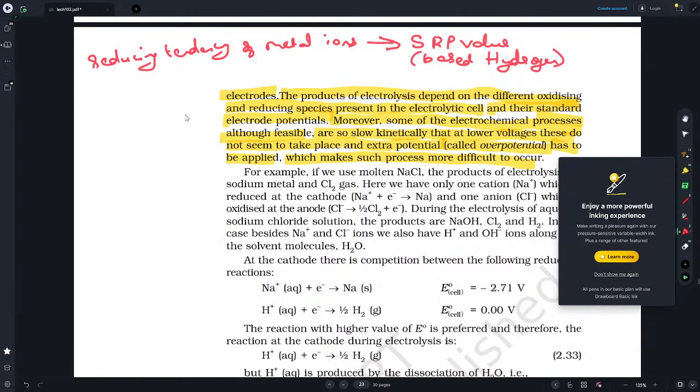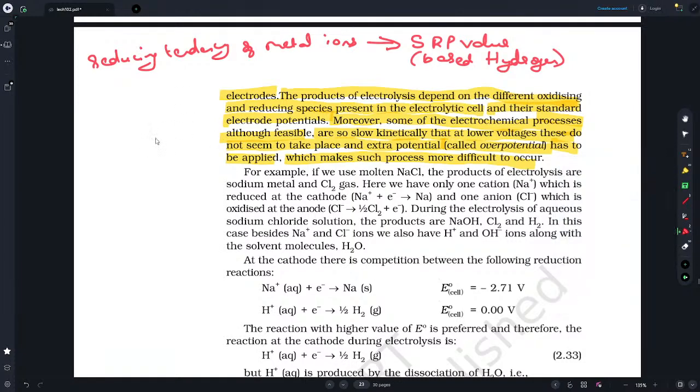Not all reactions, even though it might be possible, will happen quickly. It will take so much time that it may seem that it's not even occurring. Like if we take two electrodes and some metal is getting deposited here, it's a reaction. We're not applying any electrode potential, but without any electrode potential it needs to deposit on this metal.